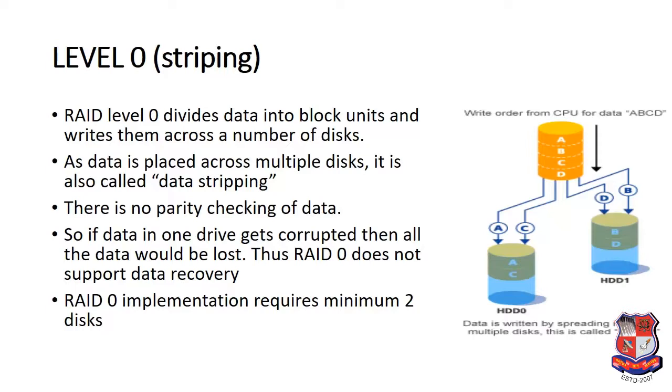So here we are doing the same: if I want to write A B C D, see in the figure, we can divide so the first hard disk will do the A and C, and in parallel the second hard disk will work on B and D. So RAID 0 implementation requires a minimum of 2 disks, but there is no data recovery as it does not support parity check. What is parity check? I'll explain it to you in detail.